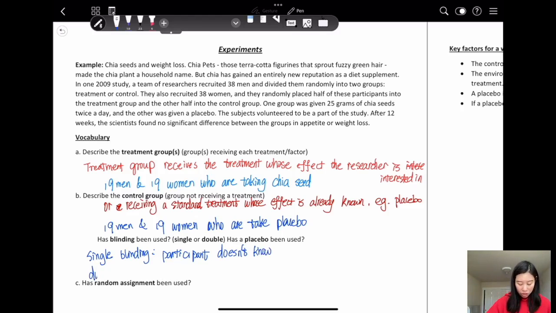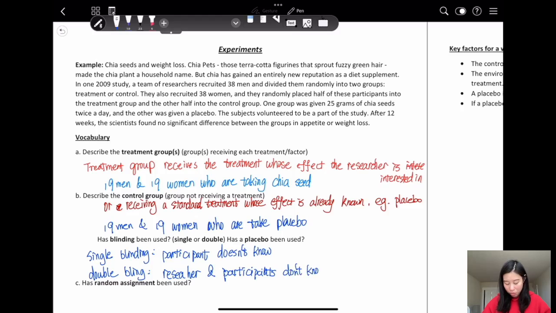Double blinding means the researchers and the participant both don't know which one is which.